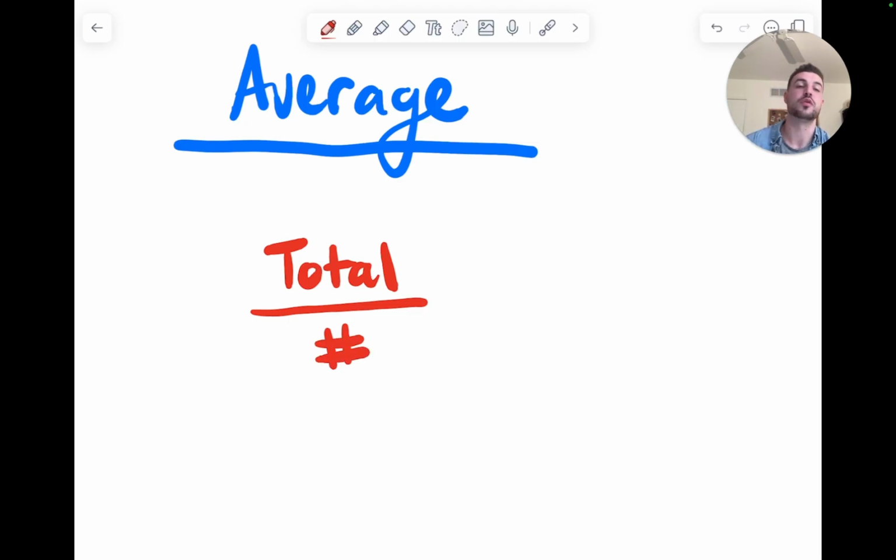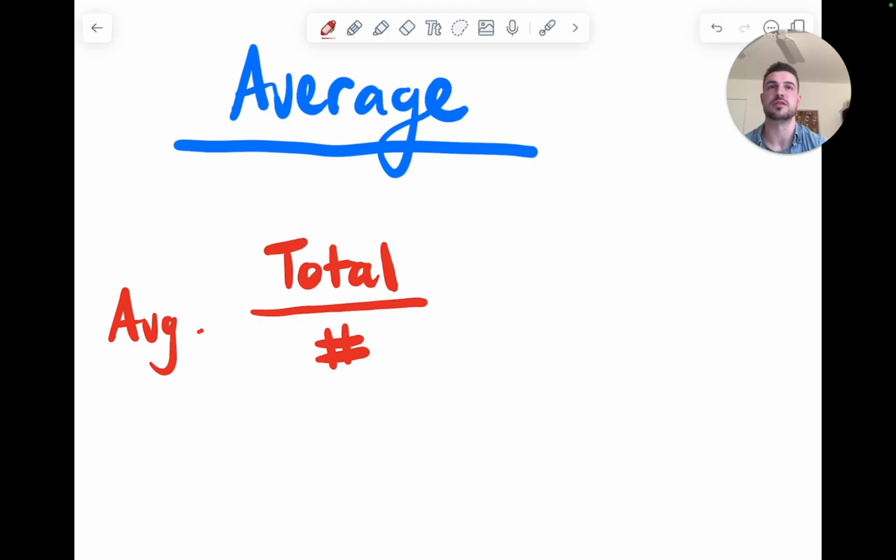For example, if we're trying to find the average of test scores, you add up all the test scores and divide by the number of tests. If we're finding the average cost, you take the total cost and divide by the number of items. All of those problems stem from this general equation: average is equal to the total divided by the number. That should be something we're pretty familiar with.